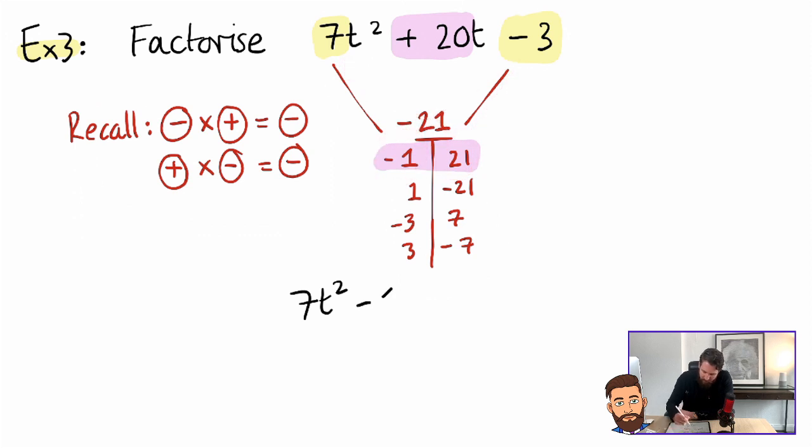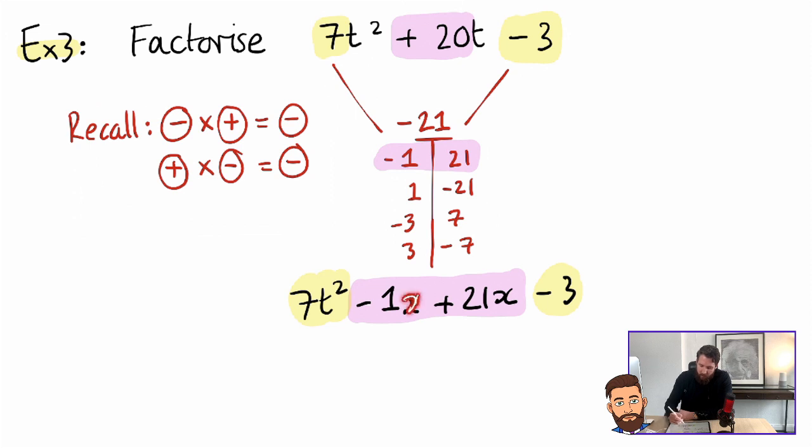I'm going to write minus 1x plus 21x minus 3. So remember, the 7t squared, the a and the c have stayed the same. All we've done is rewritten b as the 2 factors that we found.